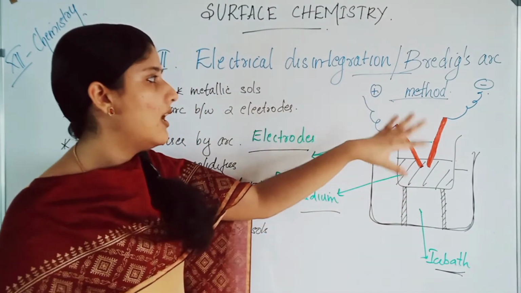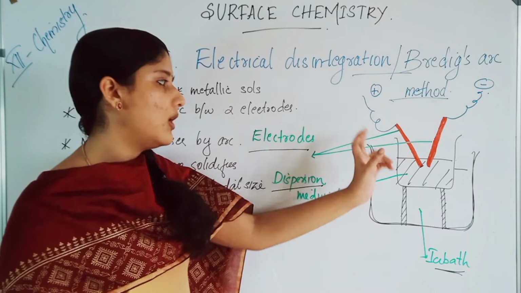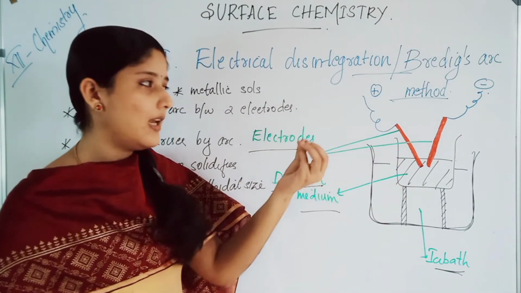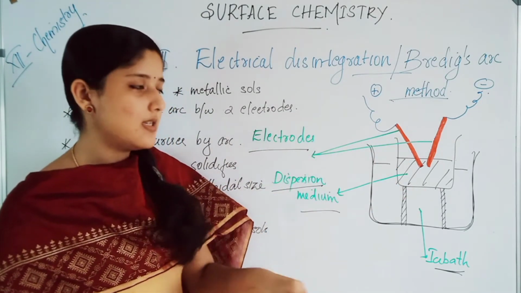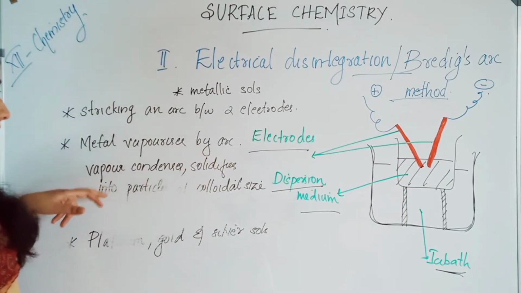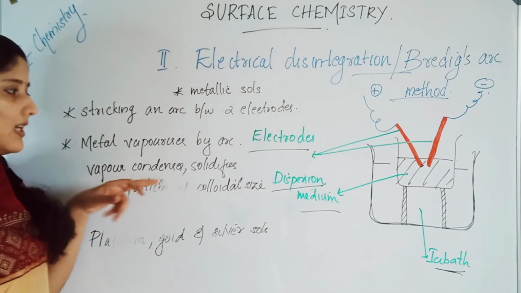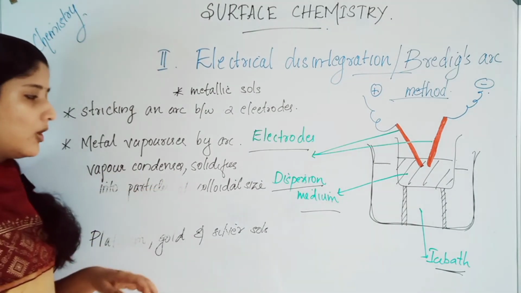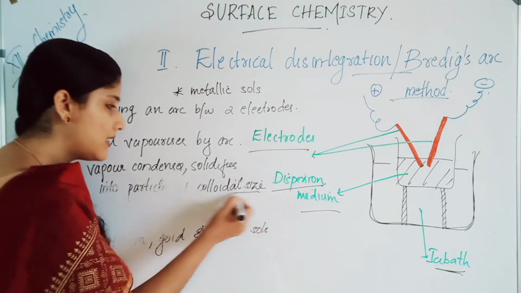An electrical arc is struck between these two electrodes. First the metal electrode vaporizes, and then the vapor condenses and solidifies into particles of colloidal size.